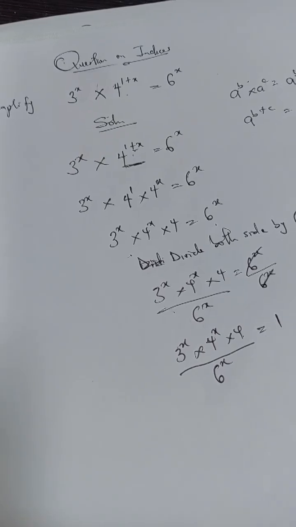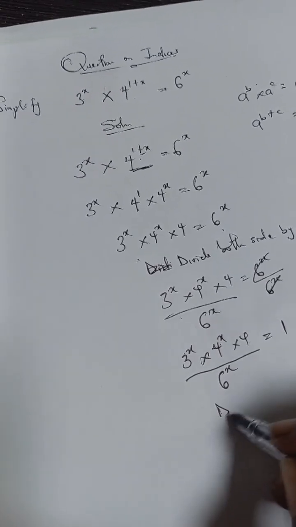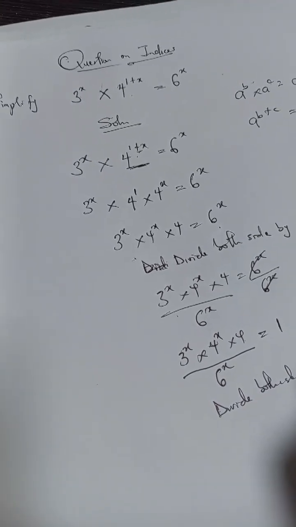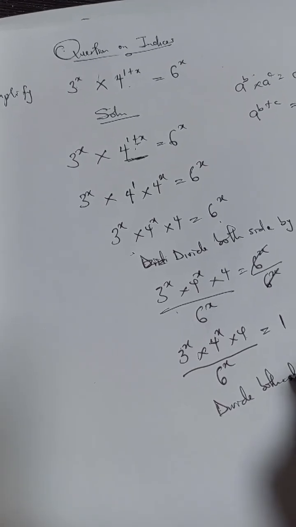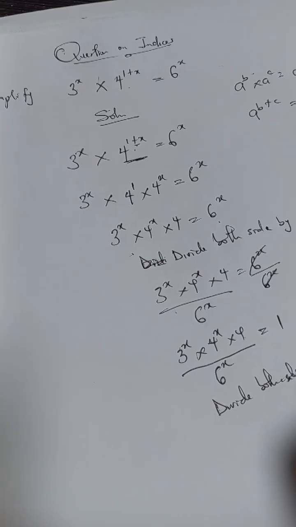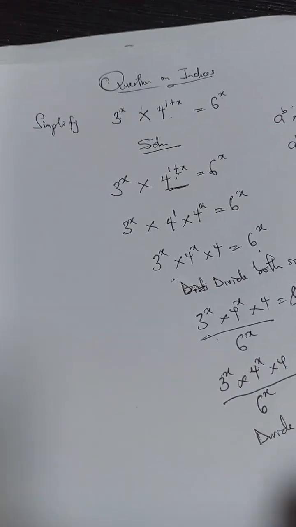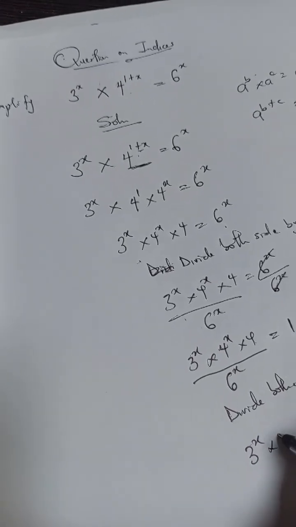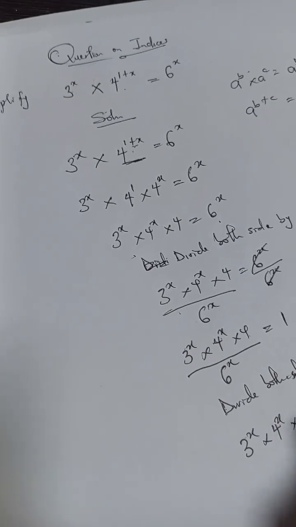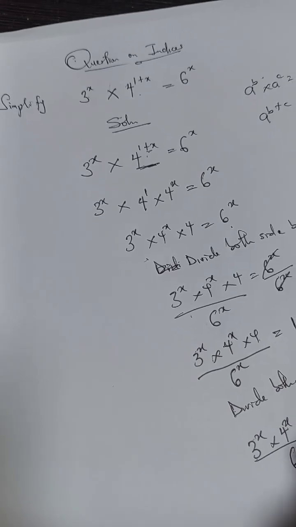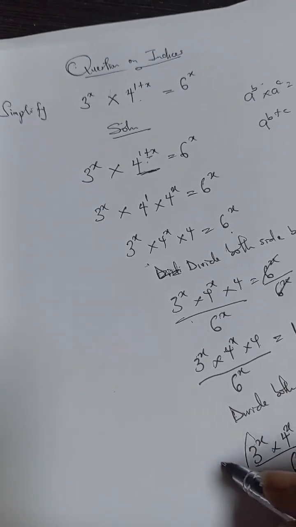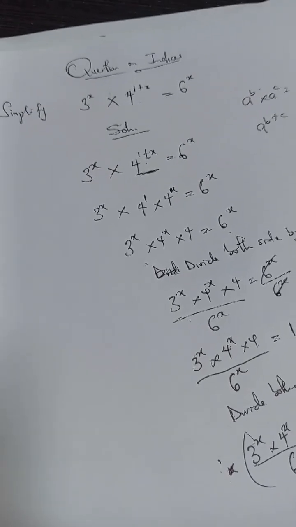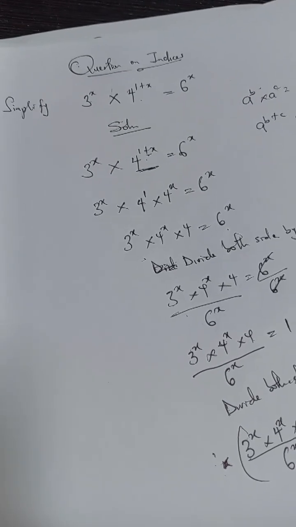Now the number we want to take to the other side, the same thing, divide both sides by 4. So we are going to have 3 raised power x times 4 raised power x times 4 over 6 raised power x, everything divided by 4 equals 1 divided by 4.